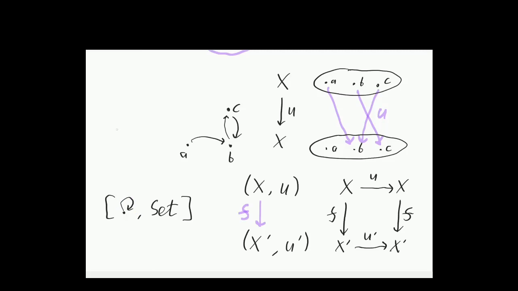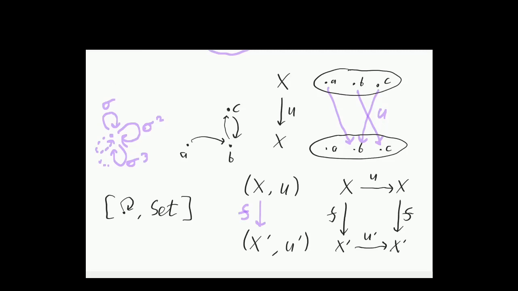So basically here I'm talking about the category that has a single object, and of course that has an identity arrow. But in addition, we have these extra arrows. So there's sigma, there's sigma squared, that's sigma after sigma, and then there's sigma cubed, and so on forever. So this is just free composition of sigma with itself, and we get all the things that we can make that way, and we don't identify any of them with each other. So it's a free monoid essentially, with one generator, sigma.